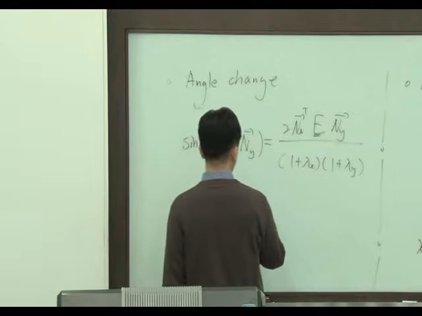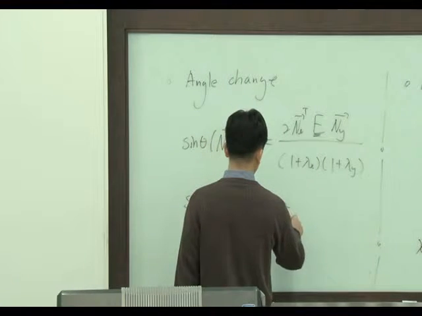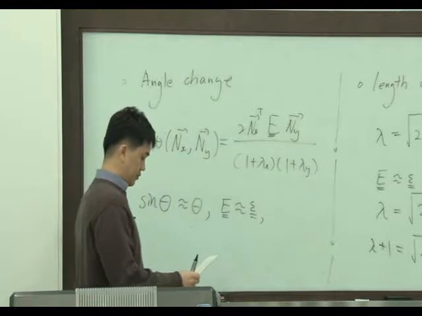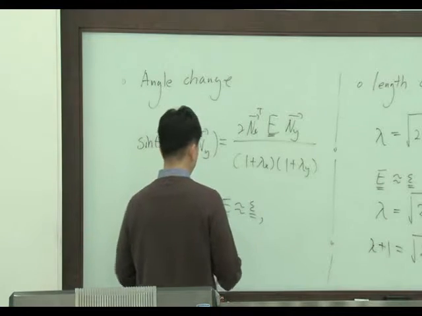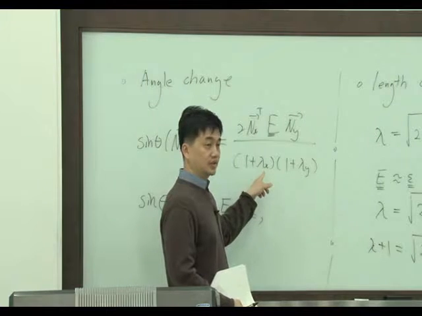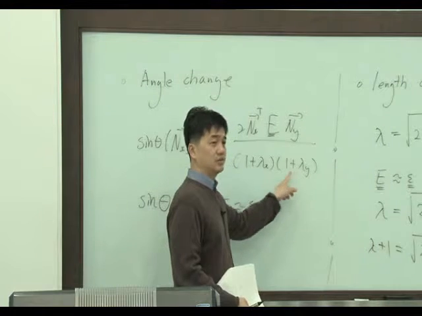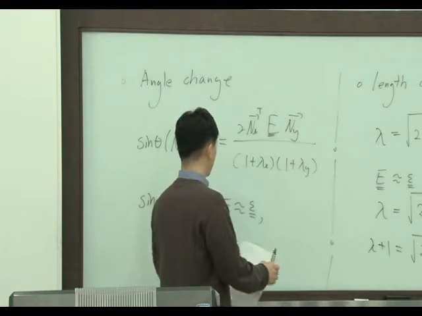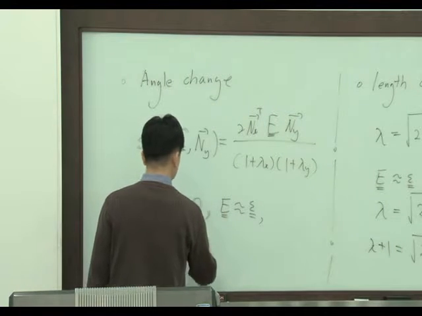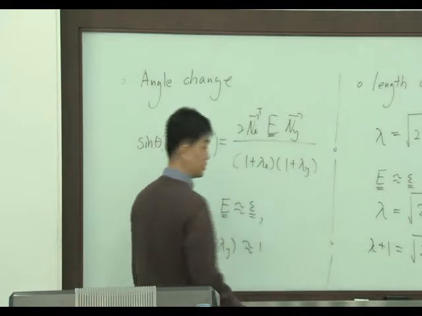And then the Green-Lagrange strain tensor is similar to the small strain tensor. And then let's look at this equation. Lambda is a length change, which is much smaller than 1. Lambda x, also lambda y, is much smaller than 1, right? So 1 plus lambda x times 1 plus lambda y is just 1.